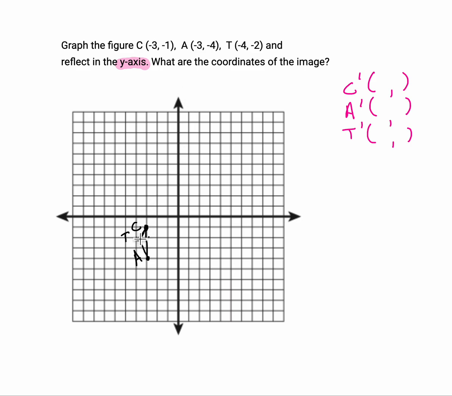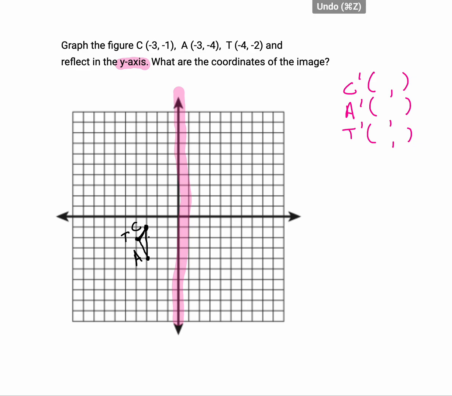So do you see how the most common mistake is to put this image up here, which would reflect across the x-axis? A lot of people who don't use the highlighting will get them mixed up. Not a lot, but some, a good portion will. And I want you to get the right answer every single time. So the highlighter will help you.